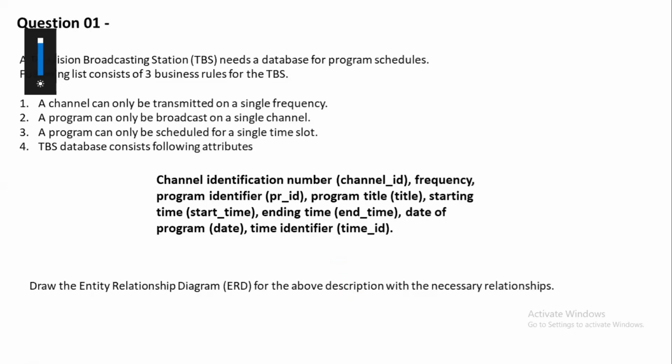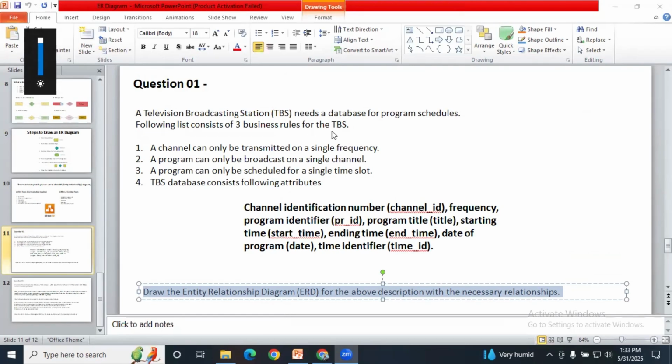So this is the scenario. Let's try out this question. Okay. The first question is given like this. In this question, the scenario is that a television broadcast station, you can say TBS, needs a database for a program schedule.